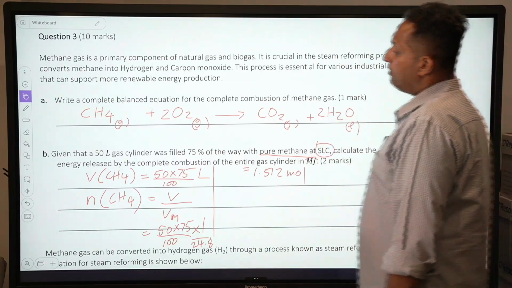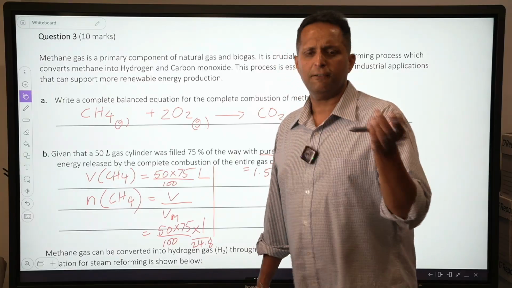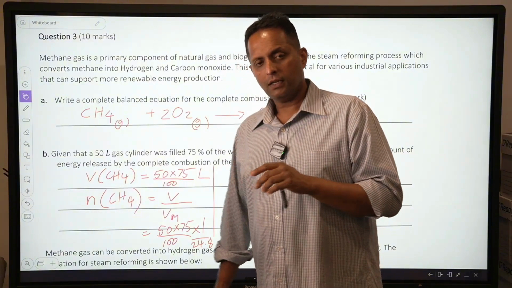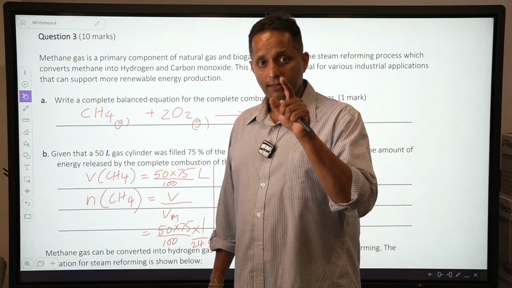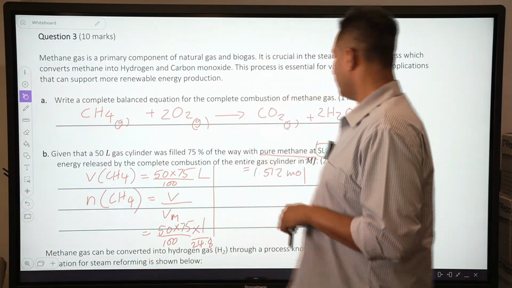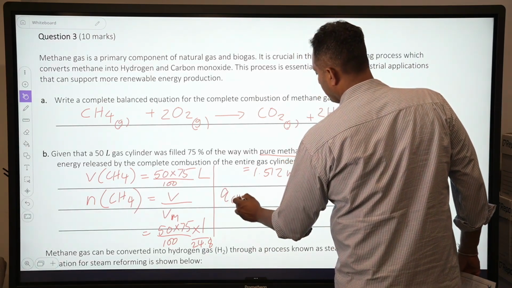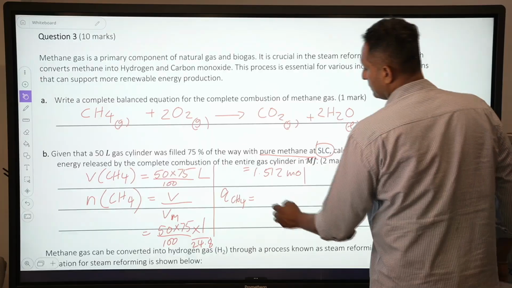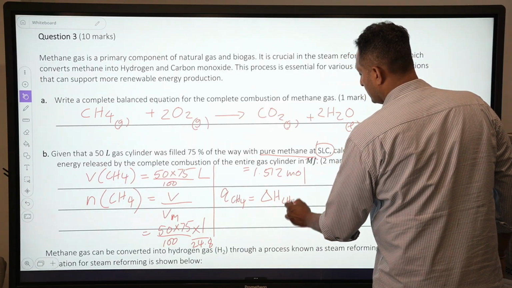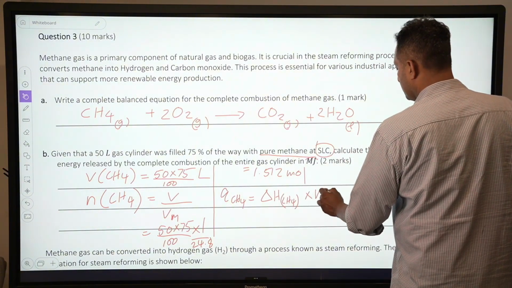Now we have the number of moles of methane, which is the fuel. If you know the number of moles of the fuel, in order to find the energy, you use this formula. Q of methane is equal to delta H of methane from the data booklet times the number of moles of methane which we've got.